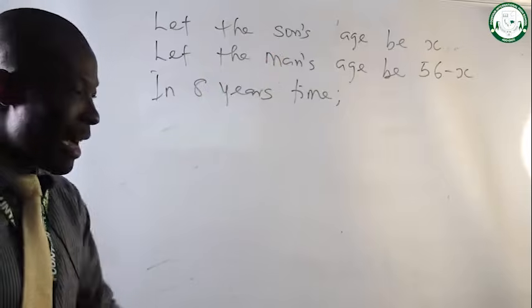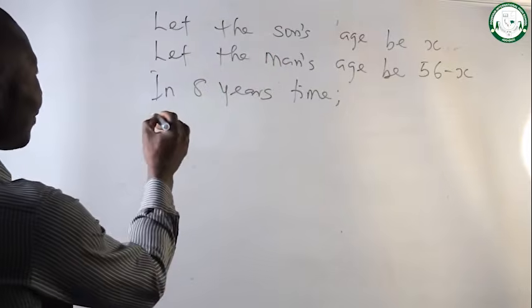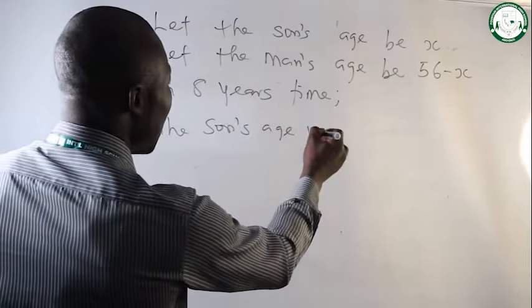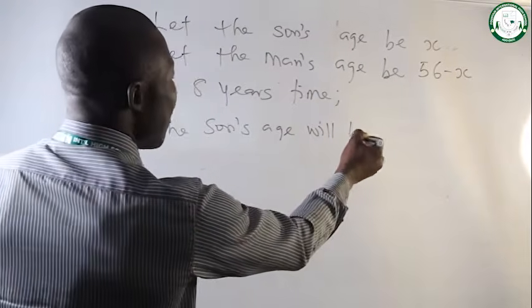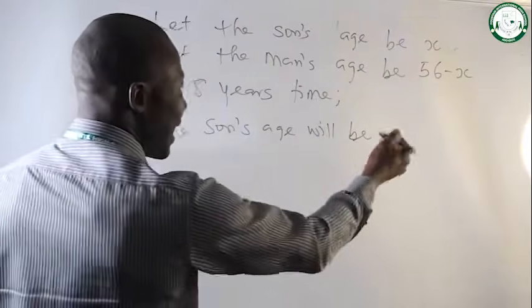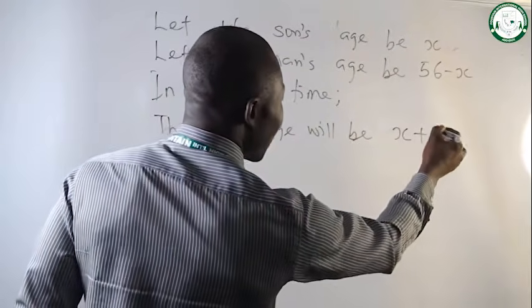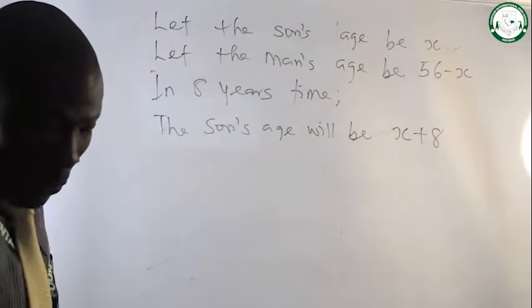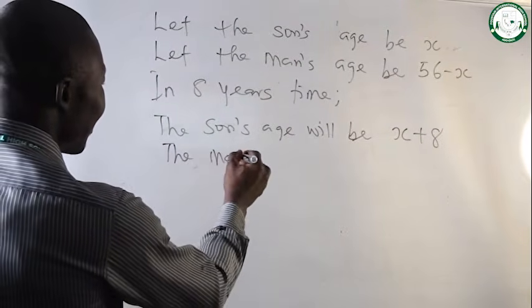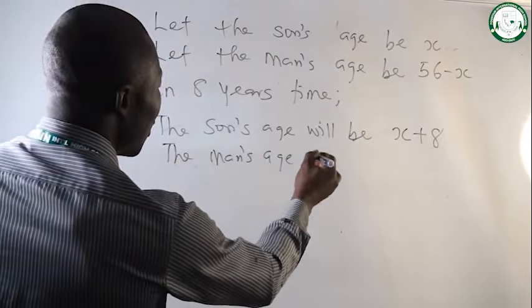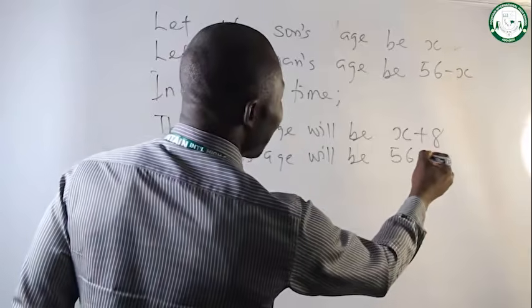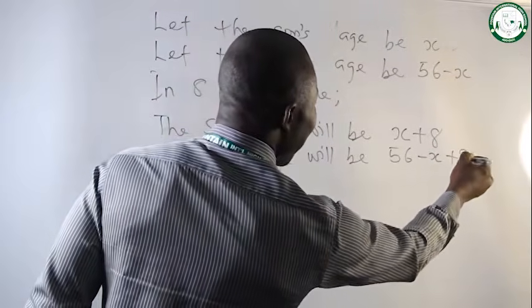In 8 years' time, the son's age, which presently is x, will be x plus 8. The man's age will be 56 minus x plus 8.